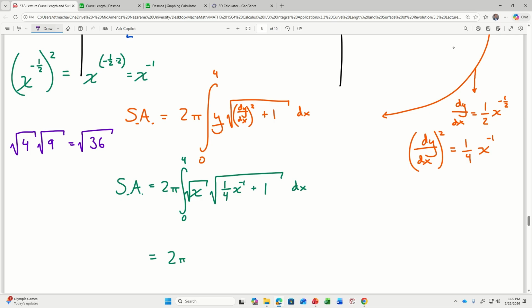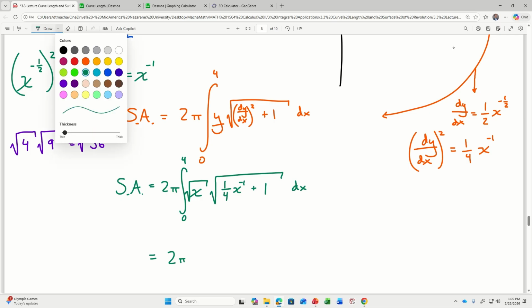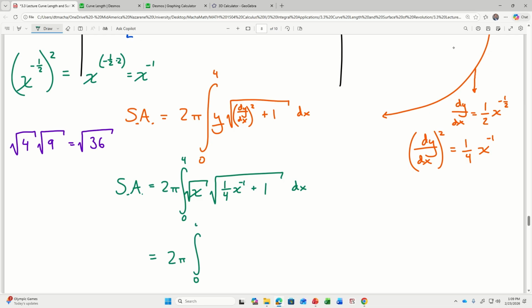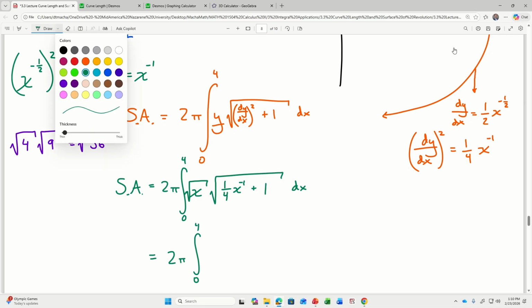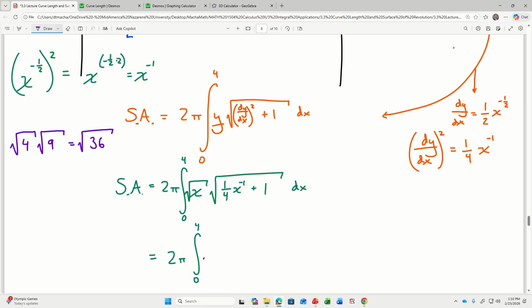So that means here in our problem, where I've got 2 pi integral of these two square roots, I can just multiply those two square roots together. And x times x to the -1 power, those cancel each other out. And x times 1 is x.